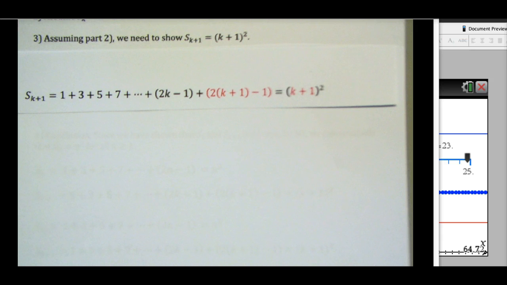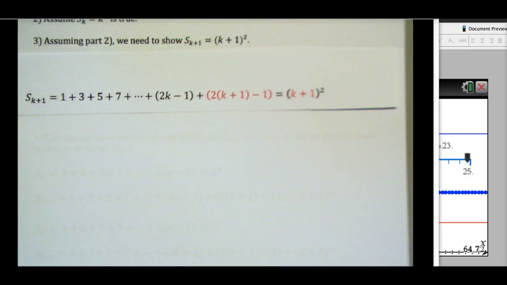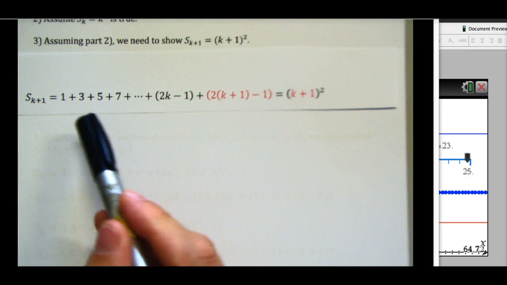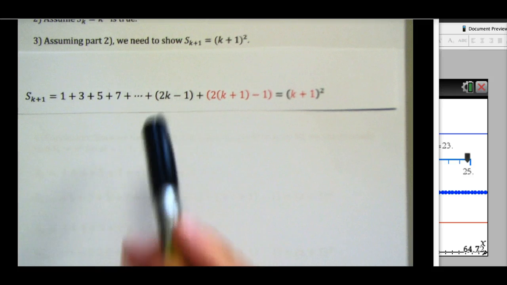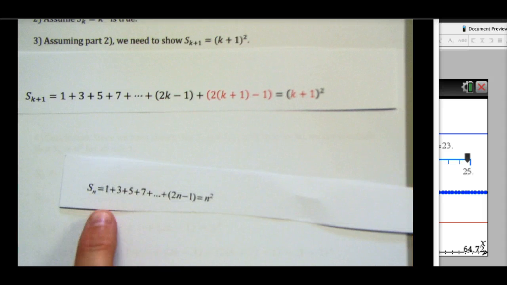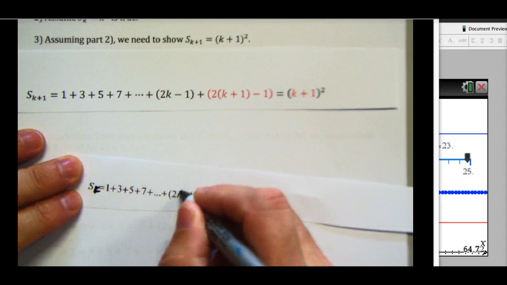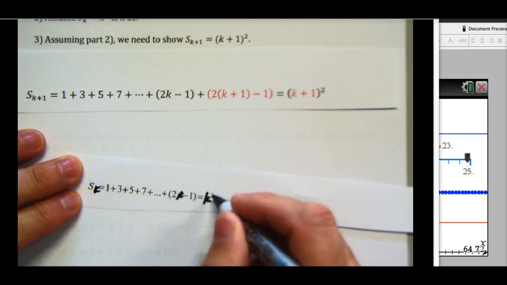To simplify this, we need to look at this sum right here. And with this sum, we know what this is because we've assumed it. We've assumed that the sum of 1 plus 3 plus 5 plus 7 plus 2n minus 1 is equal to n squared. So if I change this all over to k's, which is what I have, this is equal to k squared.